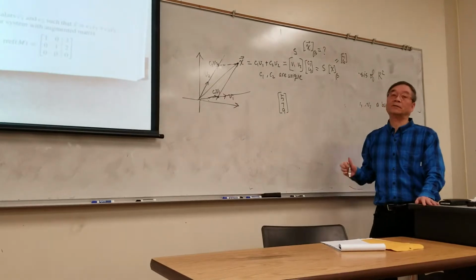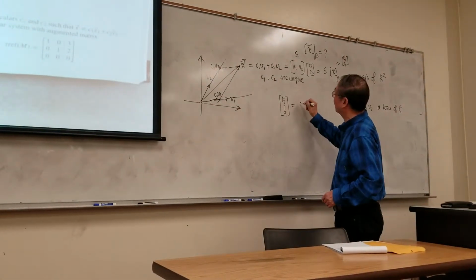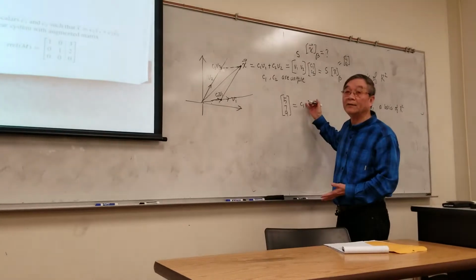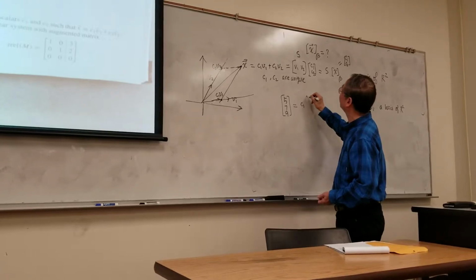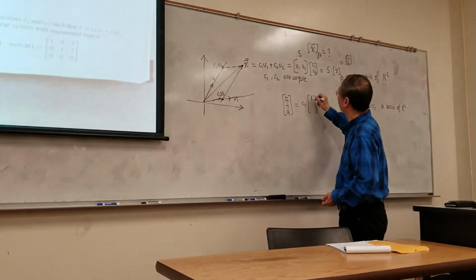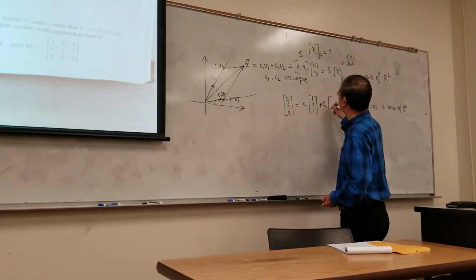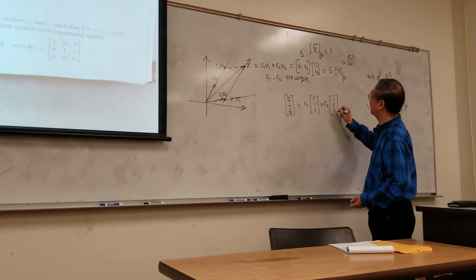So it's natural. Okay. So 5, 7, 9, so we need to write this as C1 V1, where V1 is 1, 1, 1, plus C2 V2, where V2 is 1, 2, 3.